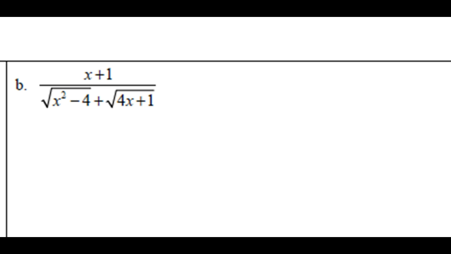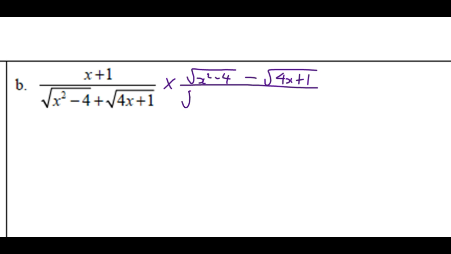So what are we going to multiply by? Well, it's going to be this minus this. So same two terms, and we're going to have to do that on top and on the bottom.